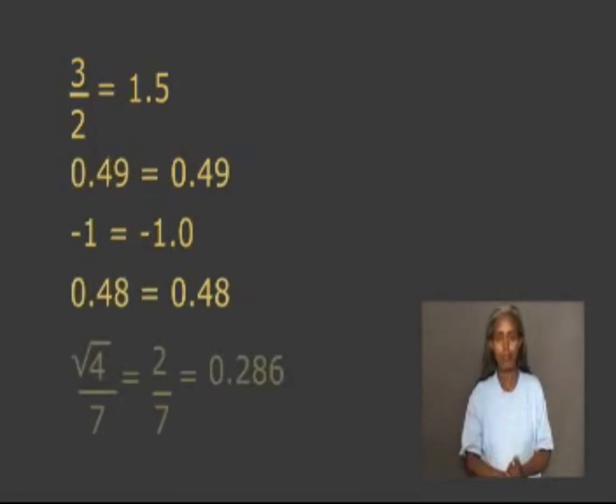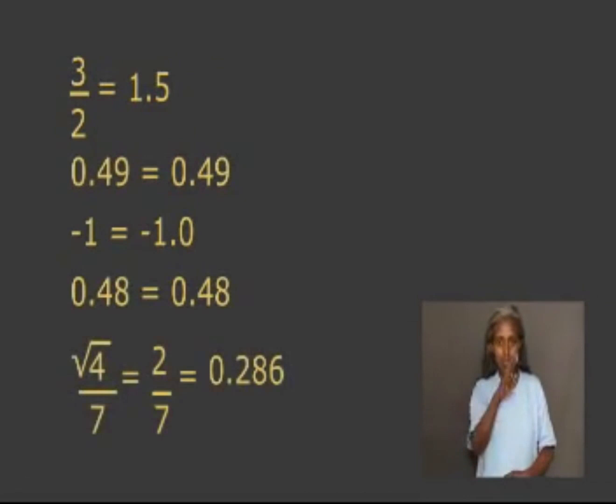The square root of 4 over 7 is the same as 2 over 7, which in decimal form is about 0.286.